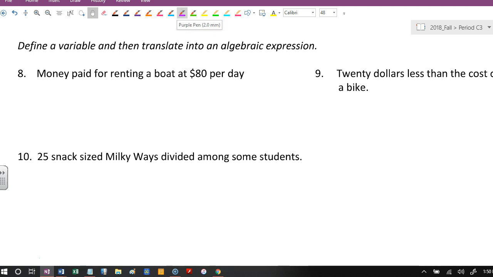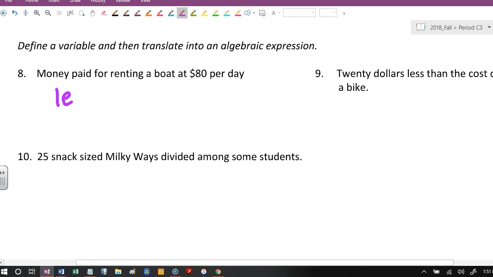It says define a variable and then translate it into an algebraic expression. Number 8 is money paid for renting a boat at $80 per day. So the variable would be day, so D, and then 80 times D. The word you want to use, everyone, is let.